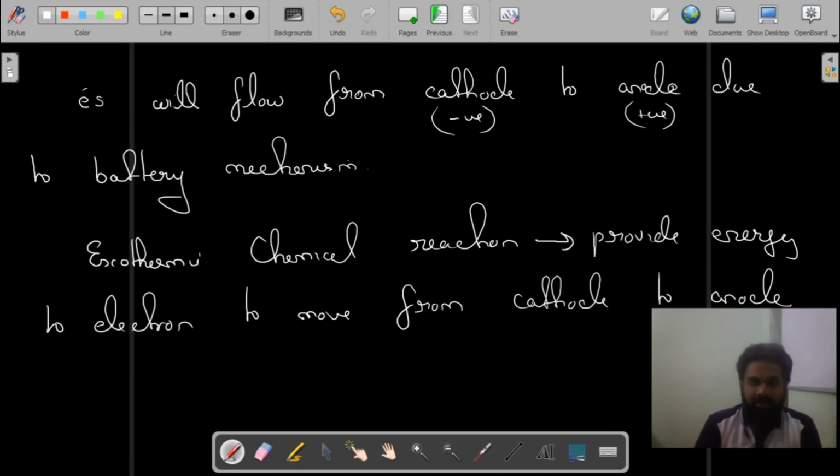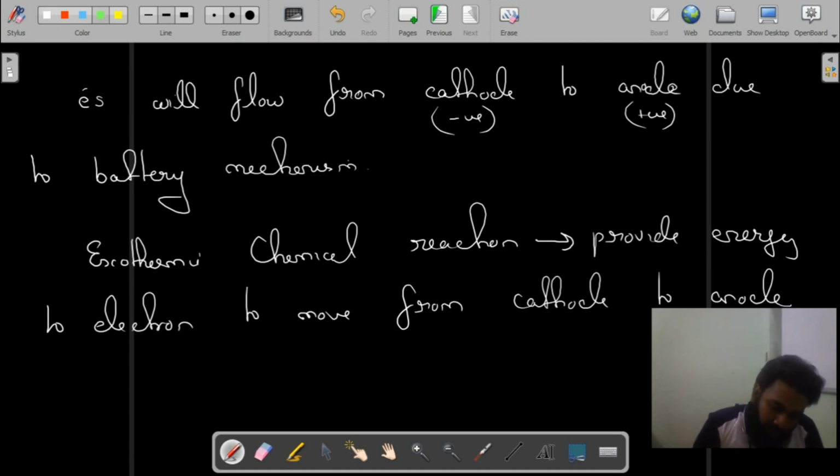That is, someone does work on electrons to move from cathode to anode. Who does this work? That is done by the exothermic chemical reaction, which is called the battery mechanism.